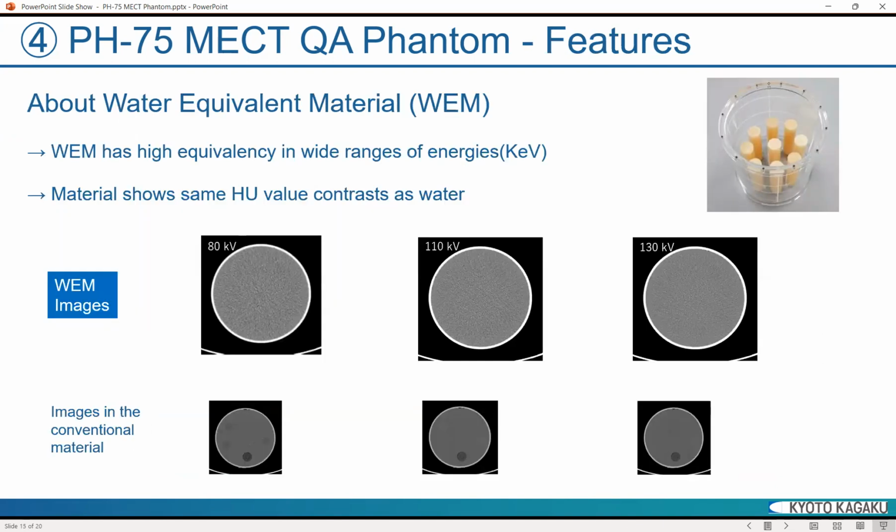So we want to talk a little bit more about the water equivalent material, short WEM. This material has a high equivalency in a wide range of energies. And as mentioned before, it shows the same Hounsfield value contrast as water, which we can see on those images below.